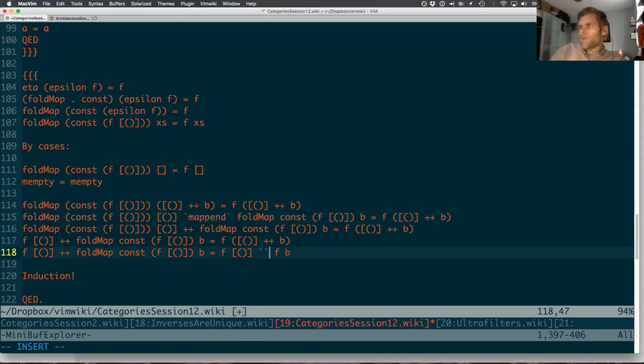That should be mappend as well. So fold map of a composite list should be the same as composing the folds of the components. So I just want to fold the 1 and mappend the fold of the rest, and that should be the same. Okay?